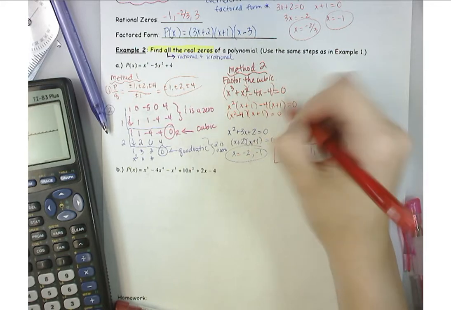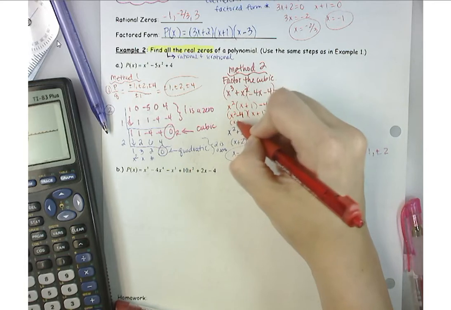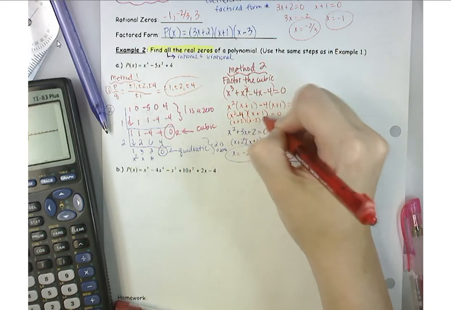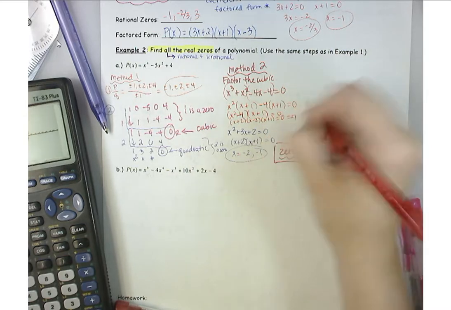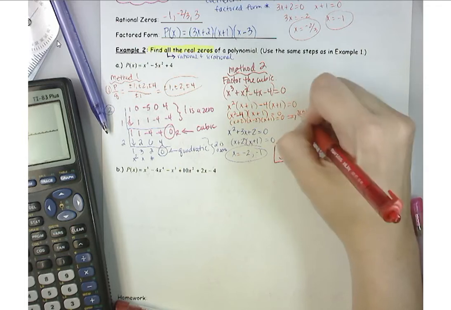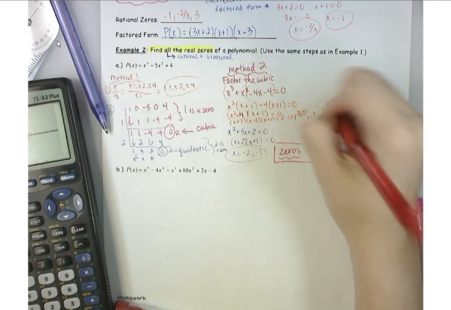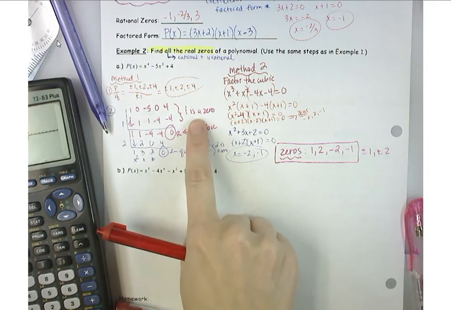And then what does x squared minus 4 factor into? Yep, x plus 2, x minus 2, x plus 1 equals 0, which would give you the zeros, negative 2, 2, and negative 1. The 1 still comes from the synthetic division here.